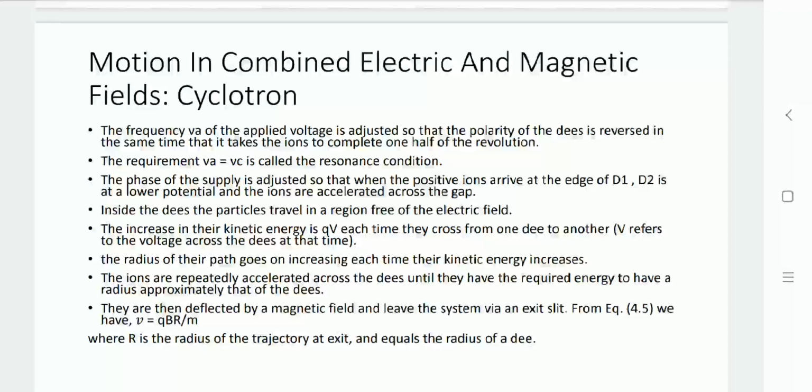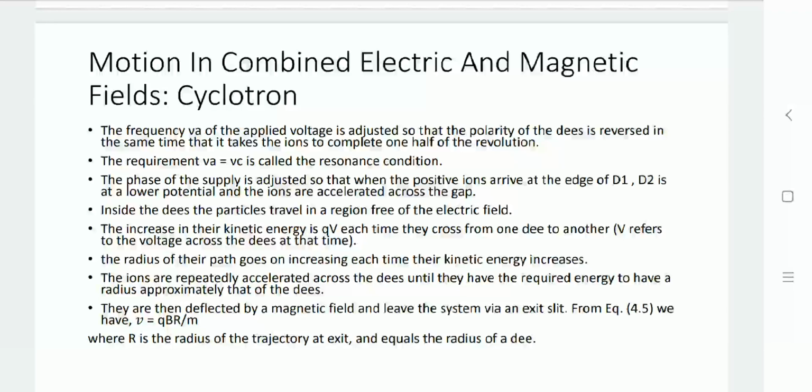So inside the Ds, the particles travel in a region free of electric field. Within that D, the electric field does not act. So the increase in the kinetic energy is QV each time they cross from one D to another. The radius of their path goes on increasing and a spiral structure is formed.